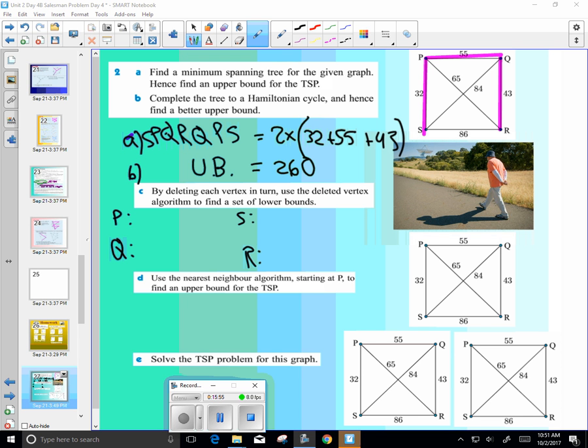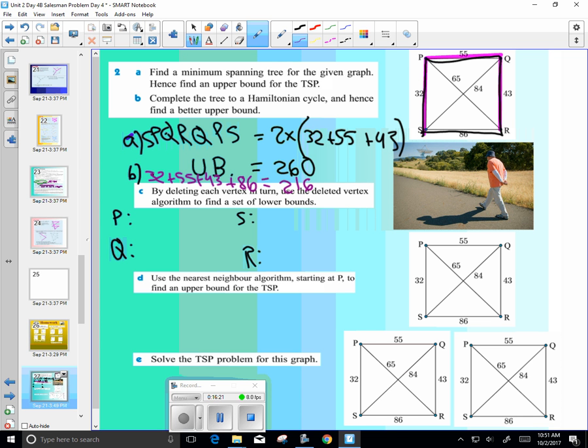So instead of going S, P, Q, R, and then back, what should we do? Just go to S there. So this is just going to be 32 plus 55 plus 43 plus 86. That's going to be better. It's going to be 130, or is it 216? Yeah, I'd say that's a lot better, isn't it?